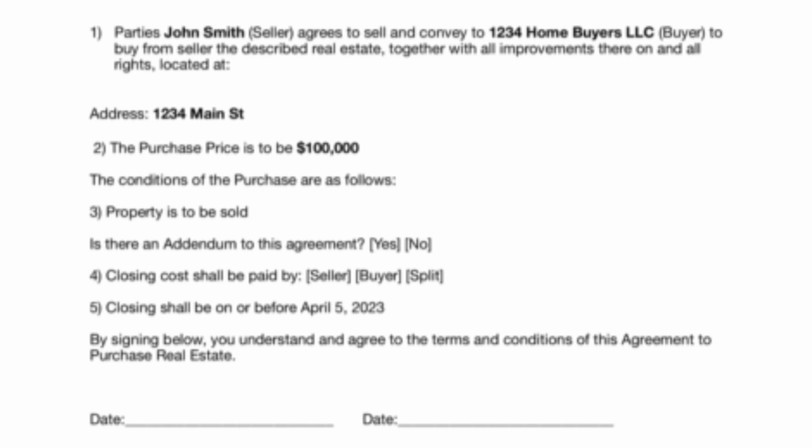Well, if you don't add these specific words into this purchase agreement, you'd never be able to forward these rights over to Steve Smith. But if you add these specific words, you'll be able to assign this agreement from yourself in your LLC, which is 1234 Home Buyers LLC, and you can actually assign it over to Steve Smith.